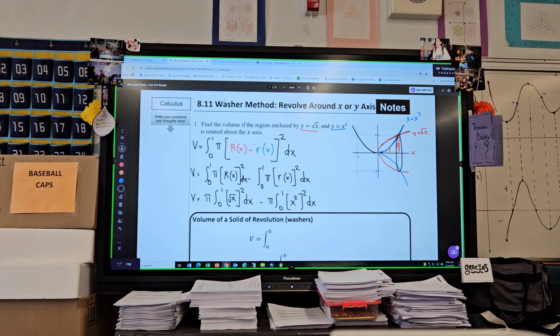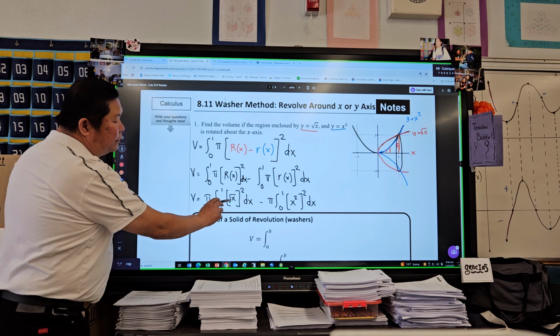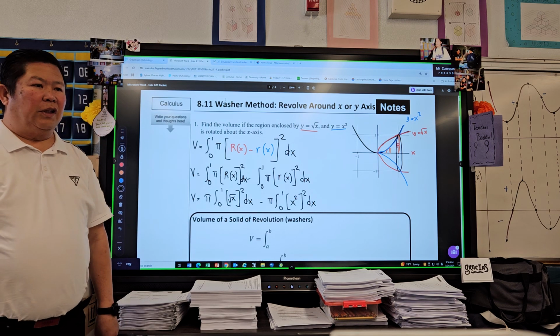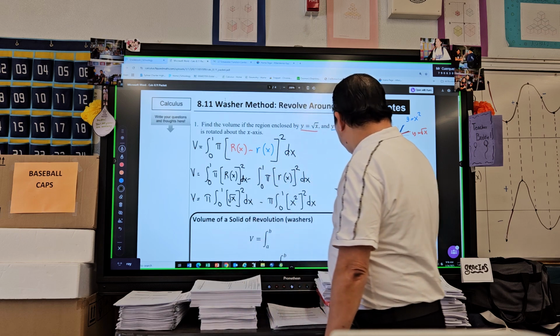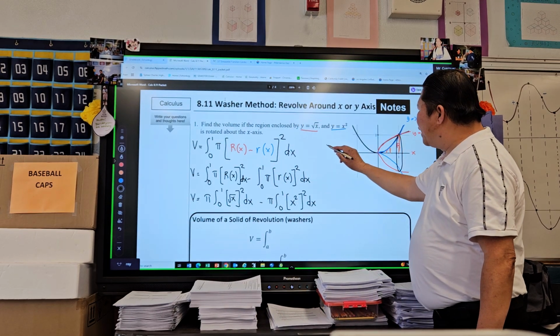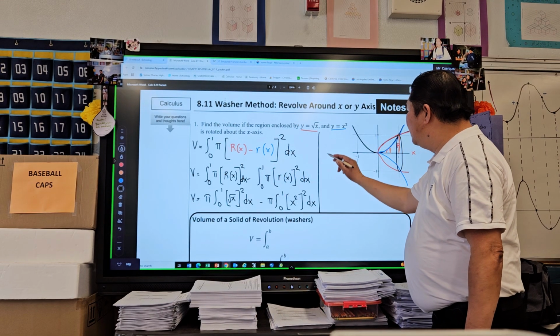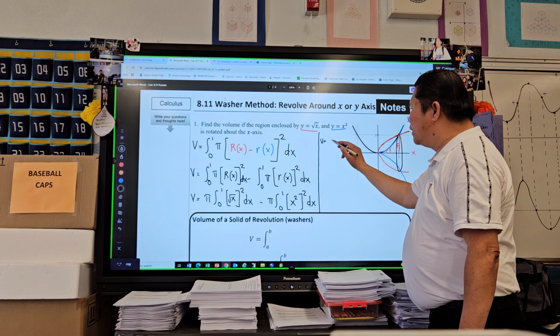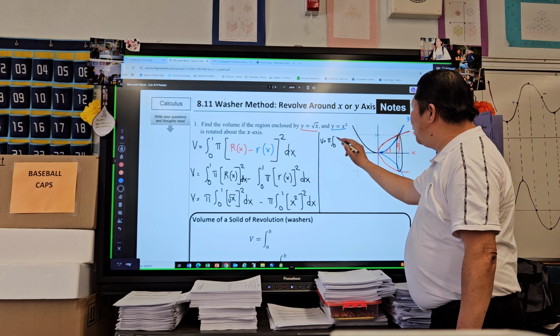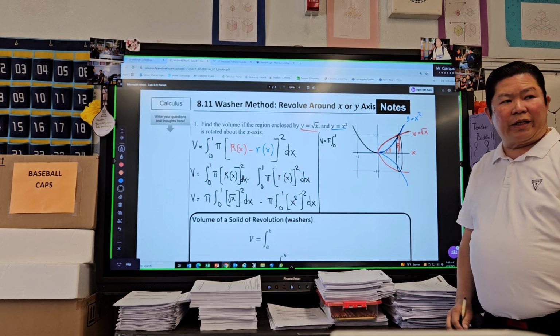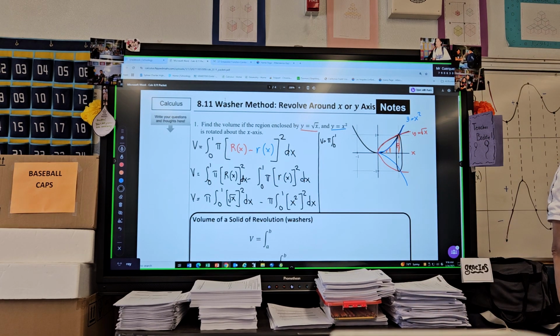Okay, but you notice right here, we're going to have the integral for volume. Shall I continue right here? So volume is equal to pi, the integral from 0 to 1, and that becomes x dx.